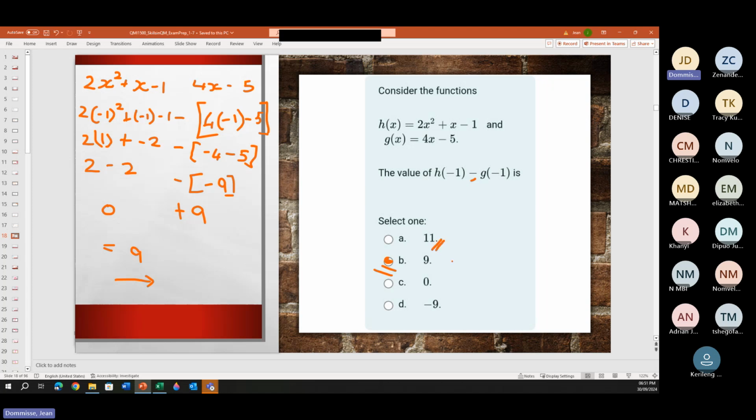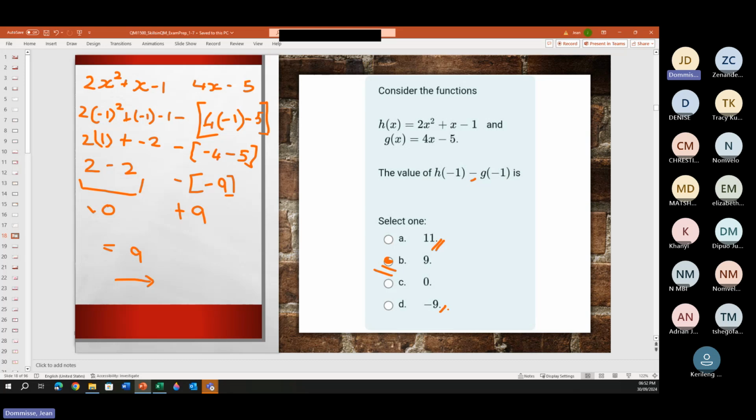Then there was the option for you as well. If you got this component right in saying it's 0, but here you made a mistake with the negative and said, okay, that's maybe +9 times that is -9.